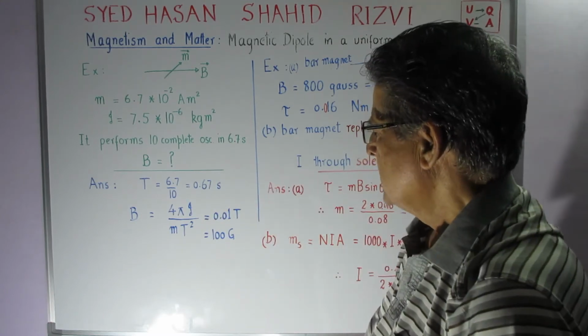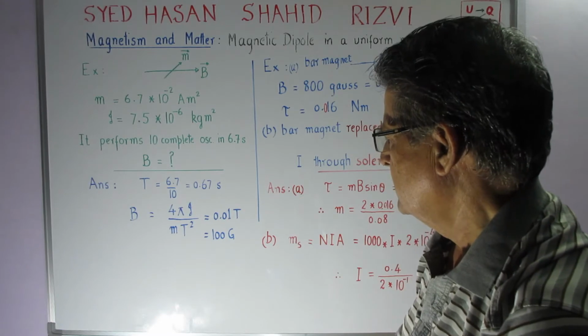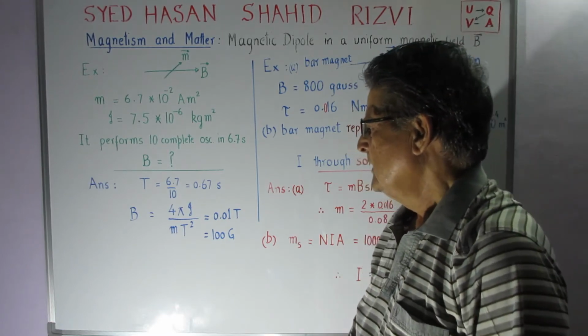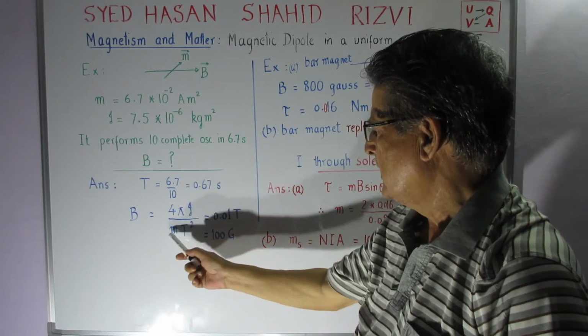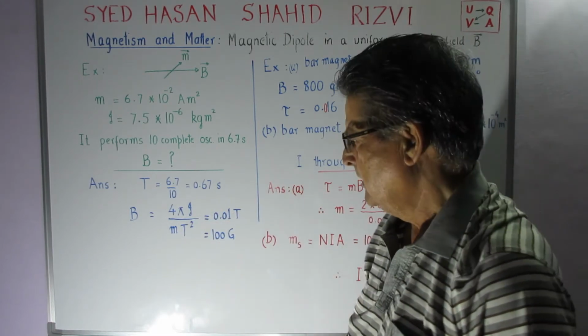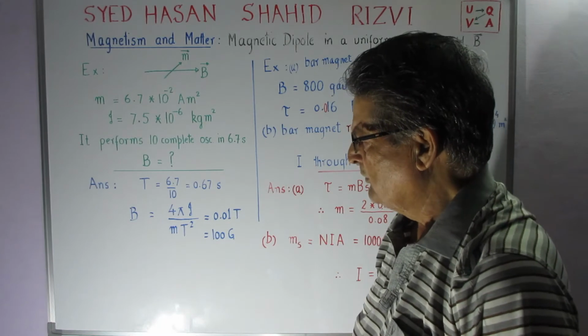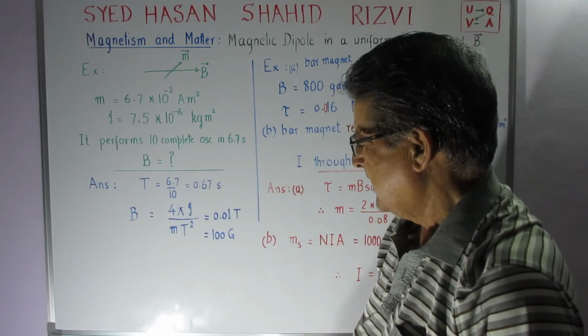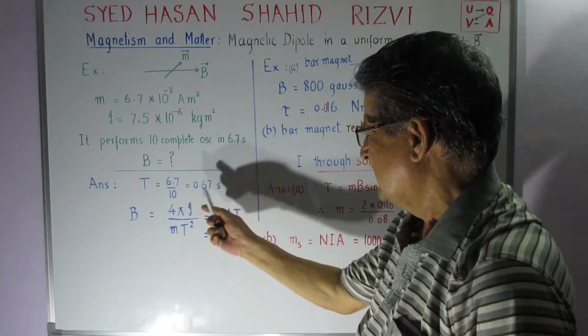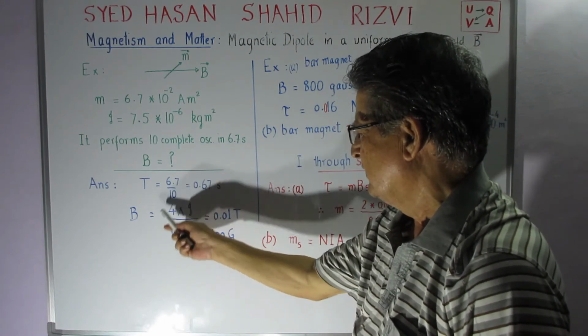Now if you remember, the value of B is 4 pi squared I upon m T squared. Of course, you can write omega square is equal to and so on, and from that you can derive this formula.